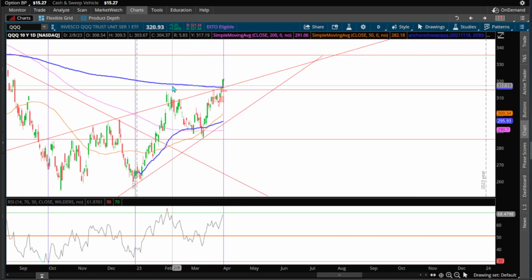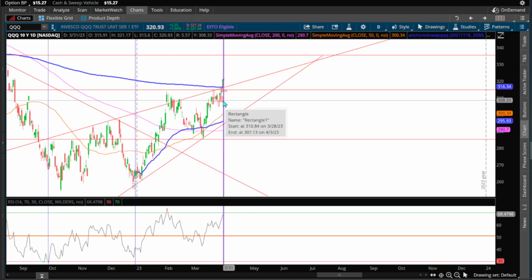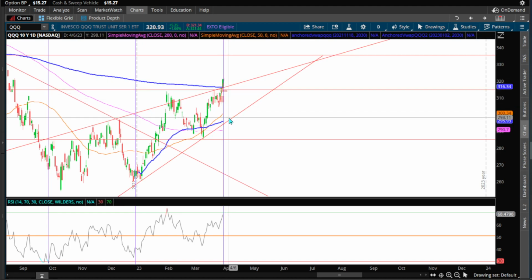If we do backtest, I think we could backtest to that anchored VWAP at 316.34. And then like I said, we could fill these gaps down here. If we did see a significant pullback, I think that could go all the way down to the bottom of this support line right here. That could be right around the 50-day as well as this anchored VWAP to the bottom.